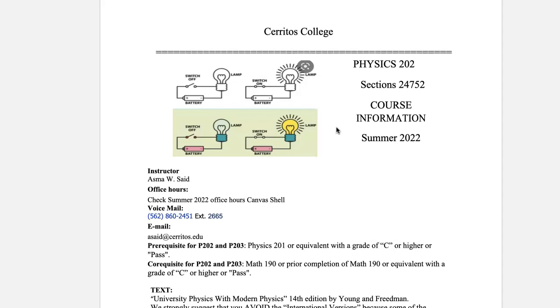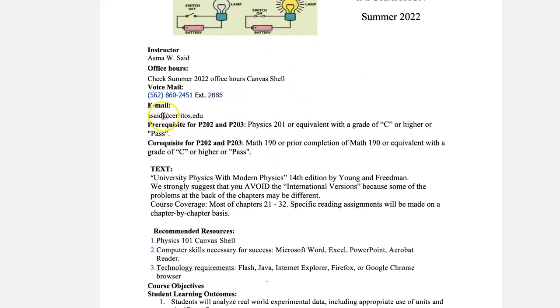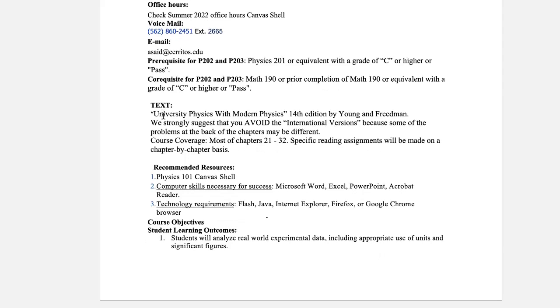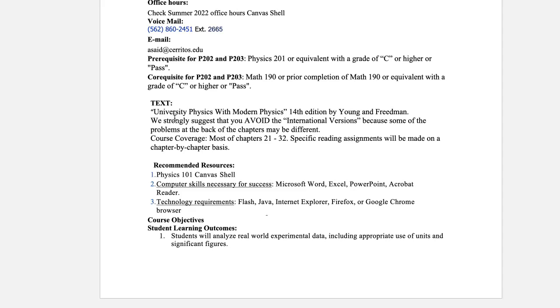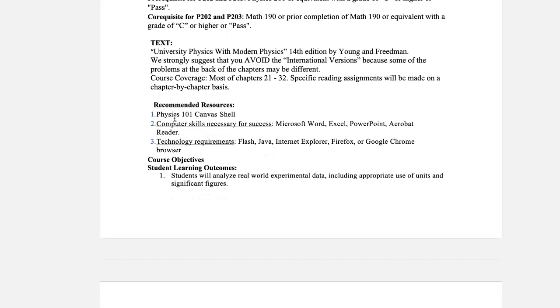Of course, this is Physics 202, and this is the section 24752. My name is Asma Saeed, and I will be your instructor for this course. Listing here for you my email and also some of the prerequisite or co-requisites for the course. The textbook that I'm going to use, which is the University Physics that you did use before.